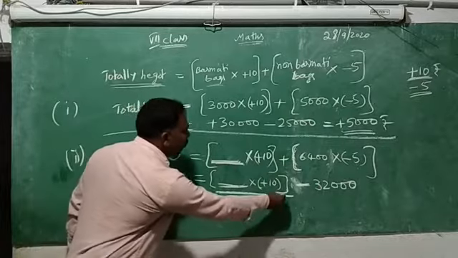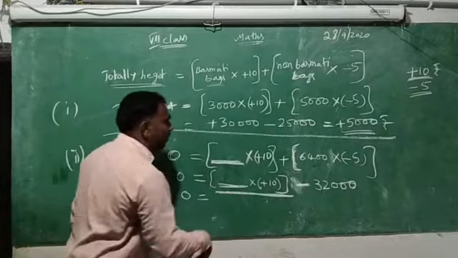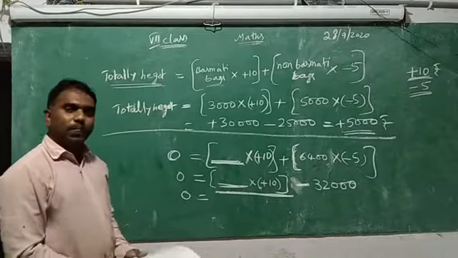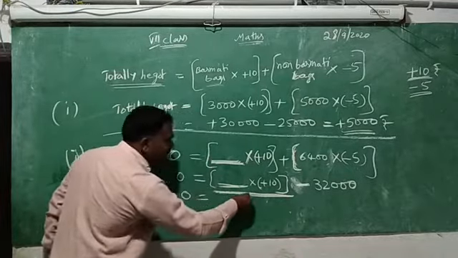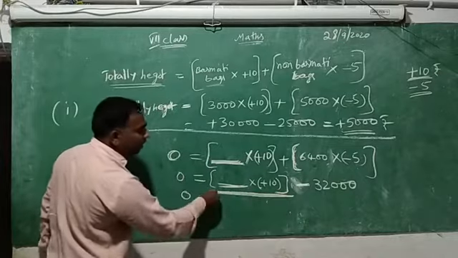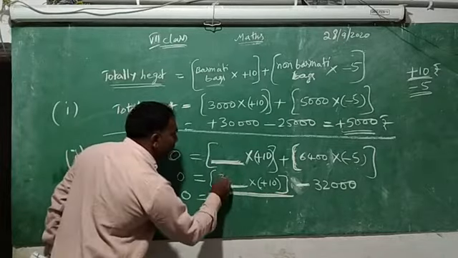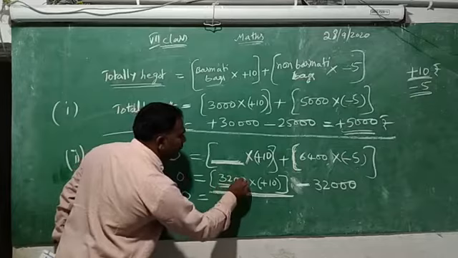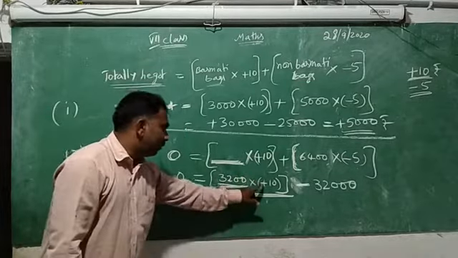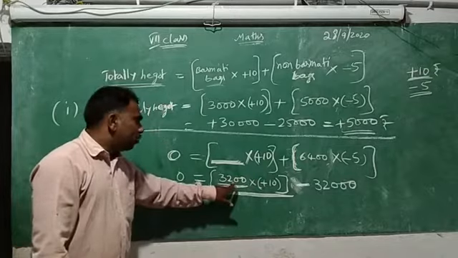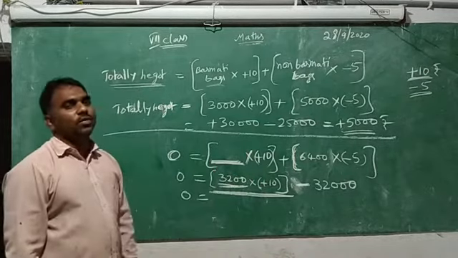So if you want to get 32,000 here, what should we get here? From here to here, totally 32,000 you need to get. I am keeping 3200 here. You see, you will get 32,000 or not? 3200 into 10, only 32,000 you will get.